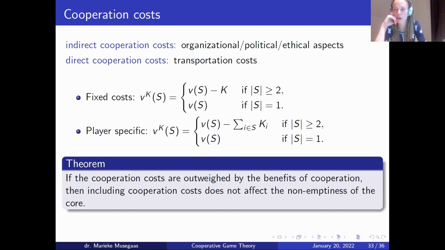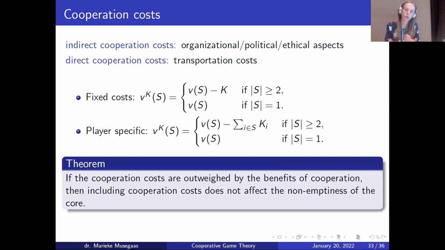So you cannot cooperate without, I don't know, transportation costs, organizational costs, etc. And what I try to make clear in this example is that if we have fixed costs, so a fixed amount of money that it costs for the cooperation, or there are specific costs, it doesn't matter. If the core was already non-empty, then it stays non-empty.